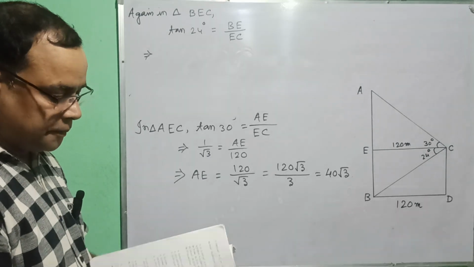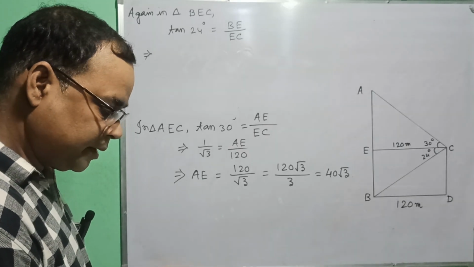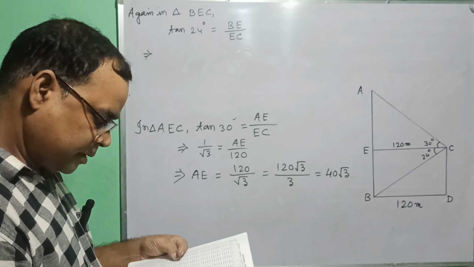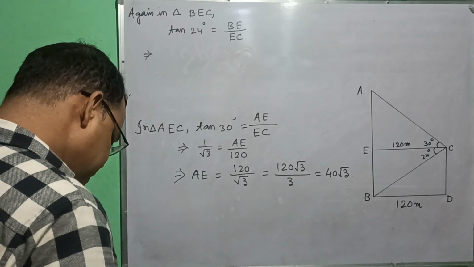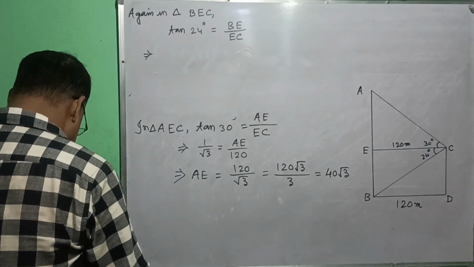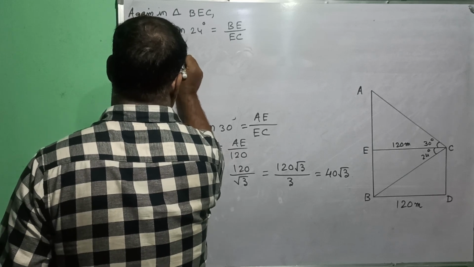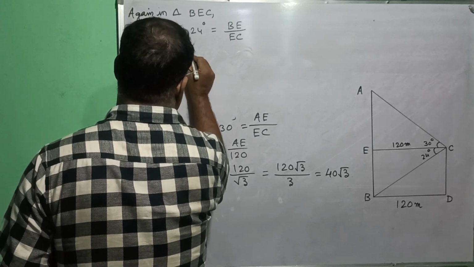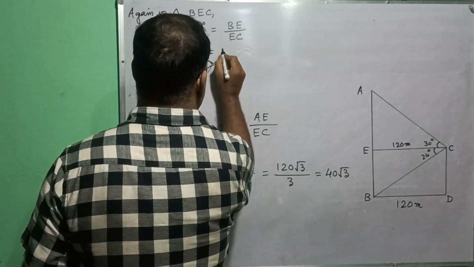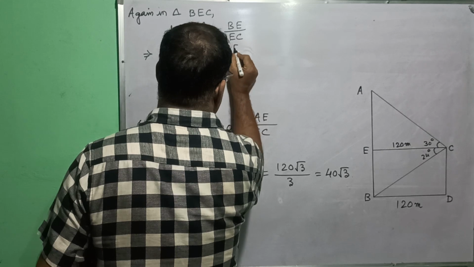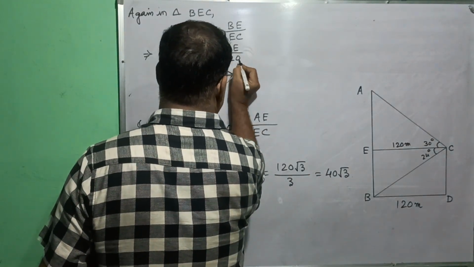So tan 24 degree is 0.4452. 0.4452 equal to BE by EC, which is 120.